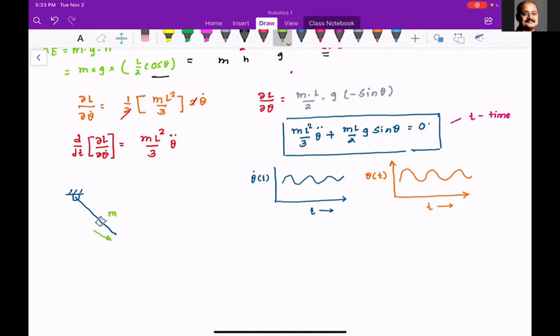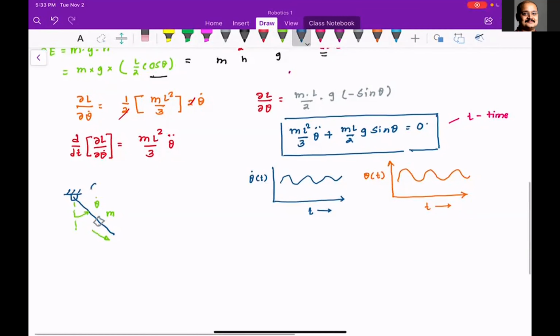So you have a mass that is sliding in the radial direction, and maybe this link is rotating about theta. So what we need to do, the idea is the same. So let's look at a very simple case. I'm going to assume that this link is massless.